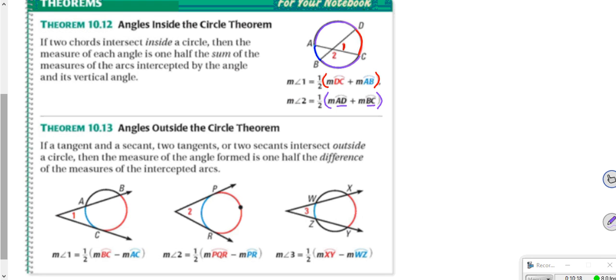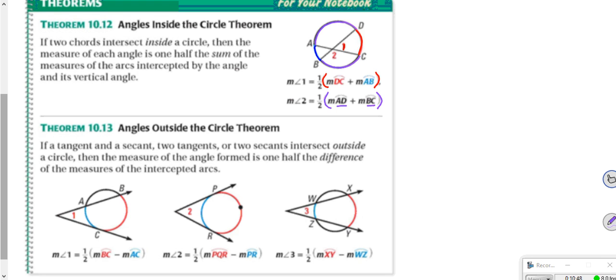Okay, that's Theorem 12. Now, Theorem 13 is very similar, but we're talking about external angles outside of a circle, and then it's going to be 1/2 the difference. So if you look here at Theorem 13, if a tangent and a secant, two tangents or two secants, again, let's remind ourselves, tangents just touch the outside of a circle in 1 point.